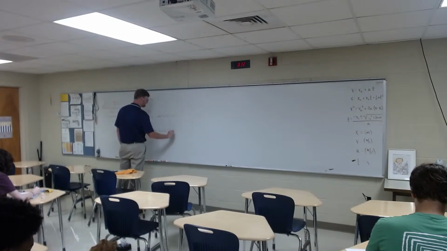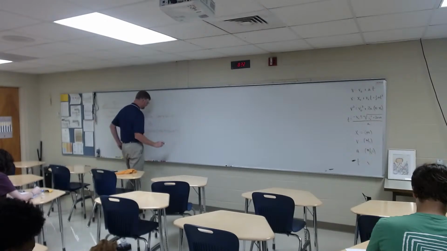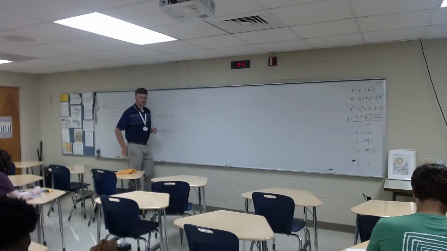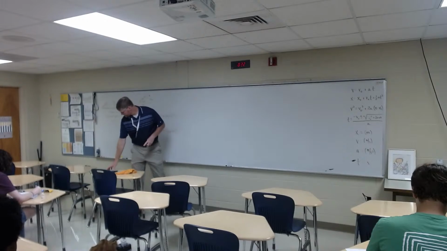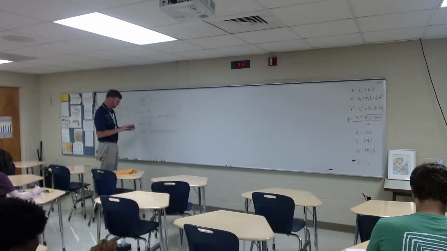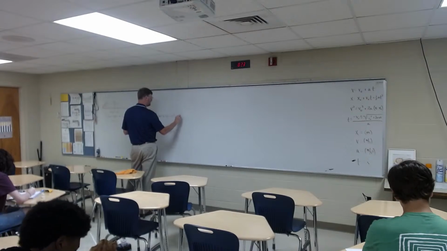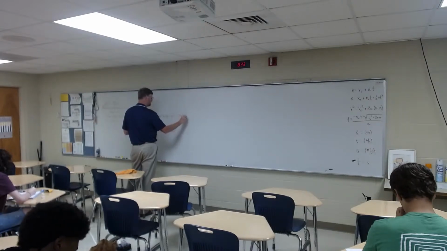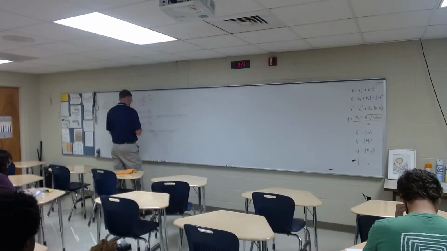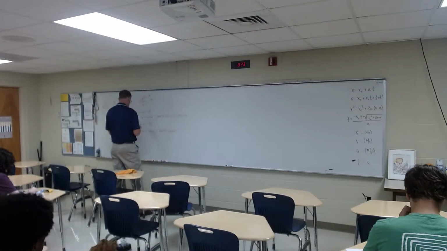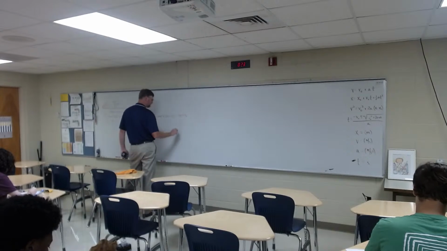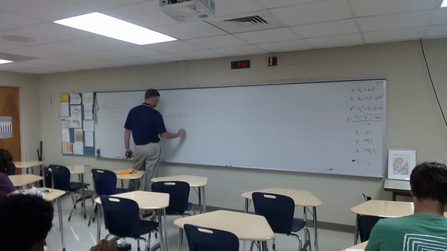What's the cosine of 25 degrees? 84.5. 181. Agree with that? Okay.